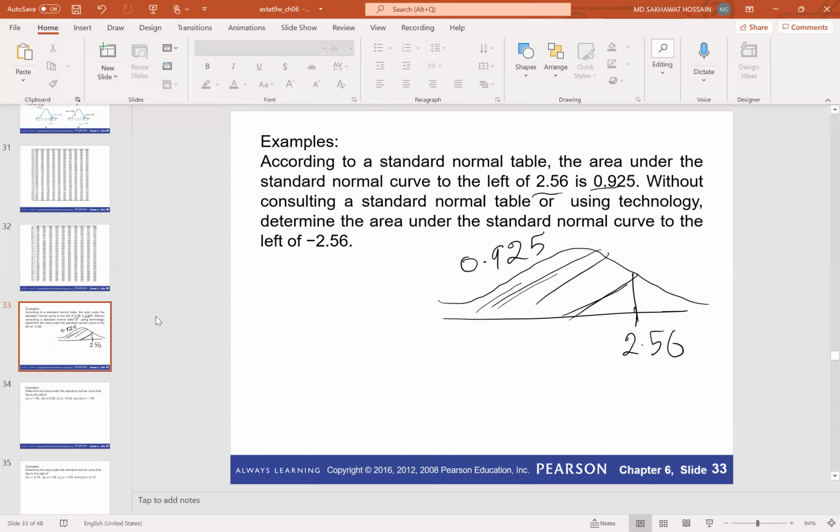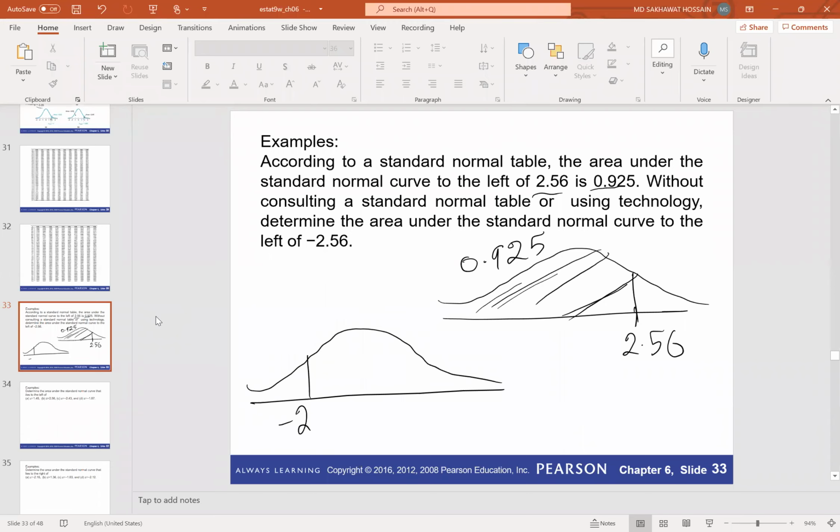Without consulting a standard normal table or using technology, determine the area under the standard normal curve to the left of negative 2.56.